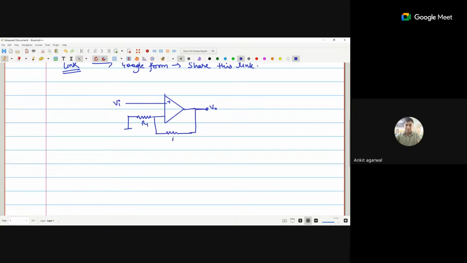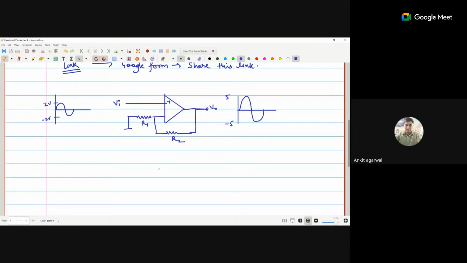R1, R2. I say we apply a sinusoidal signal having a voltage of 2 volts and minus 2 volts, and we require an output voltage with a signal from minus 5 to plus 5.